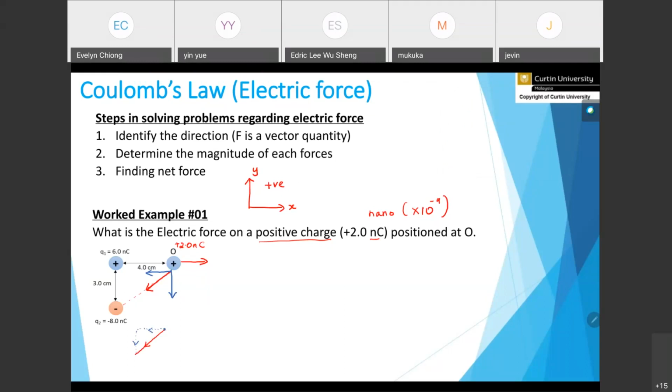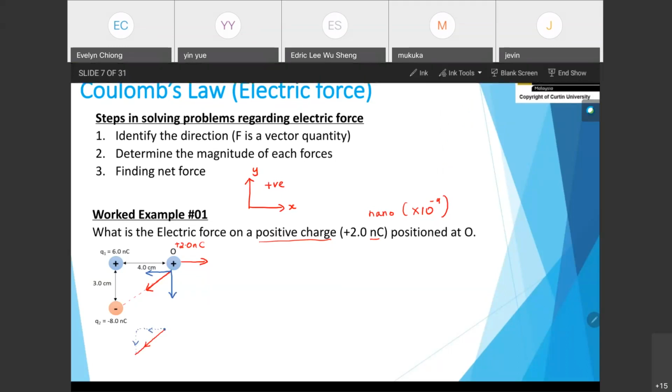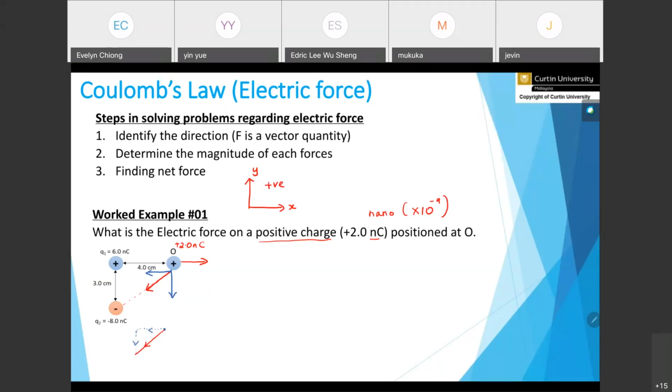So now I just move the vertical one to the other side. So that is why the vector is in between the x and y component.